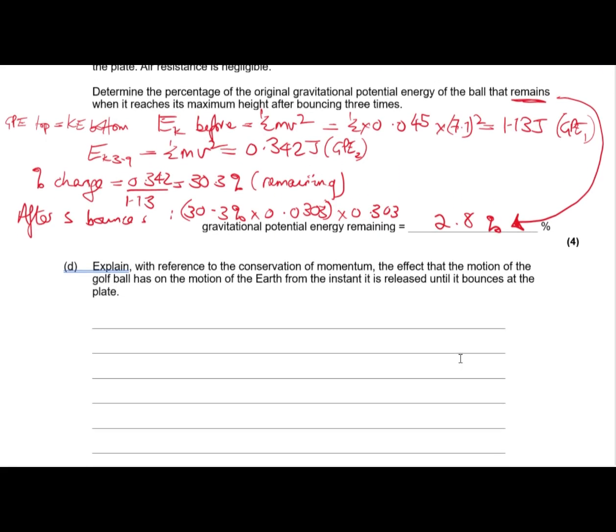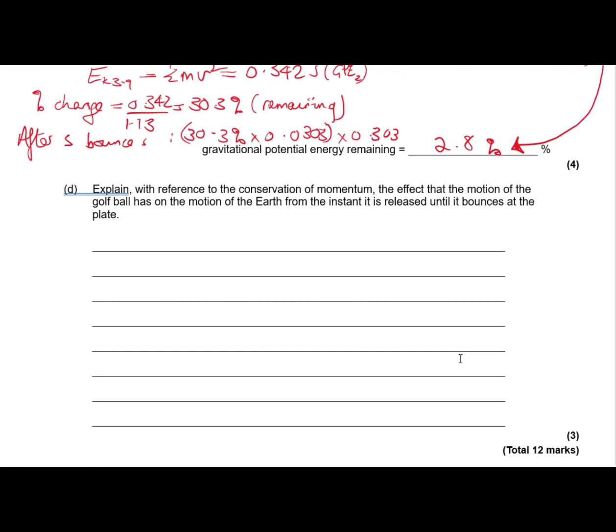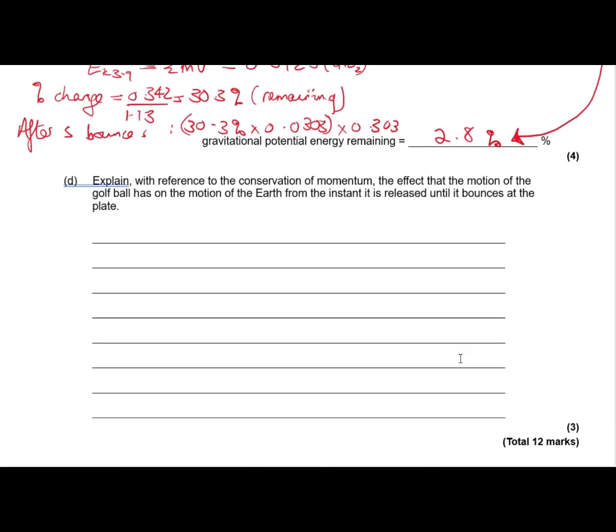So explain with reference to the conservation of momentum the effect that the motion of the golf ball has on the motion of the earth from the instant it's released until it bounces at the plate. So when it's falling, what do we know? Well, the momentum of the ball plus the momentum of the earth is zero.